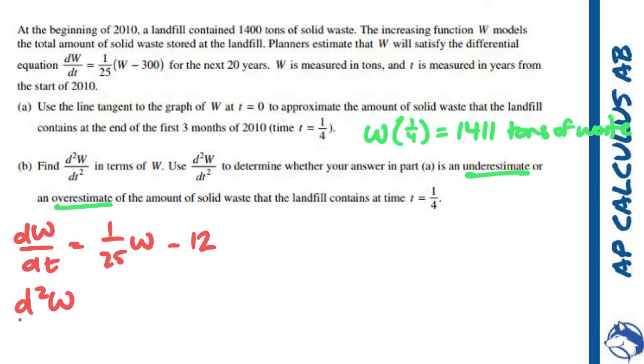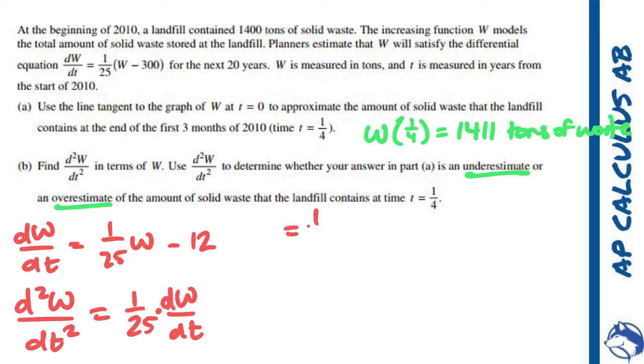So this gives me d2W/dt squared, and that's going to give me 1/25 W prime, which I like to write in this scenario as dW/dt. So I'm going to replace that.